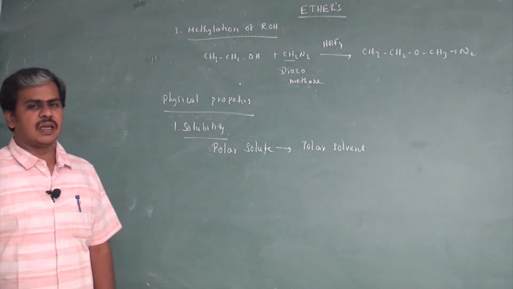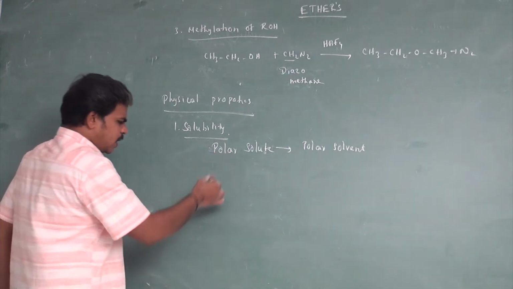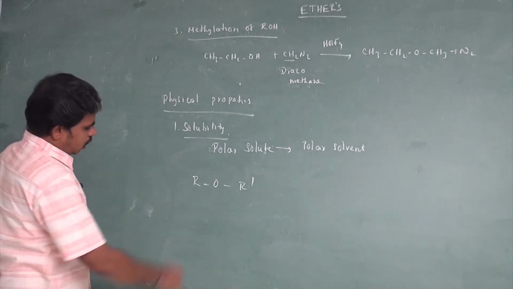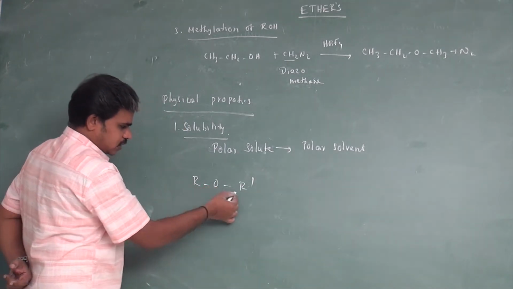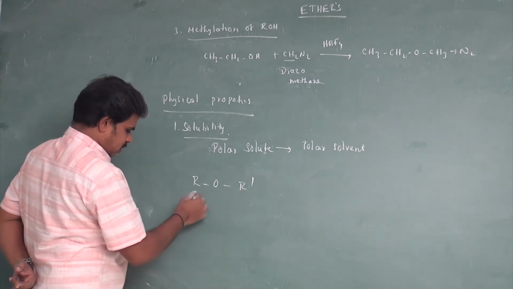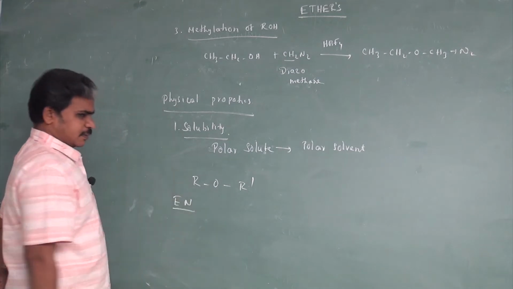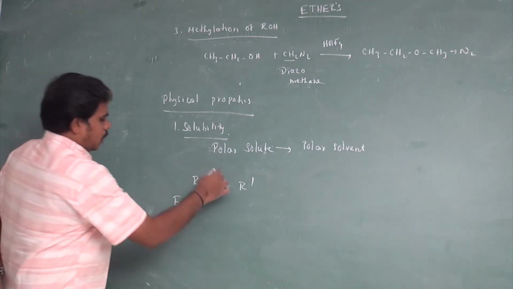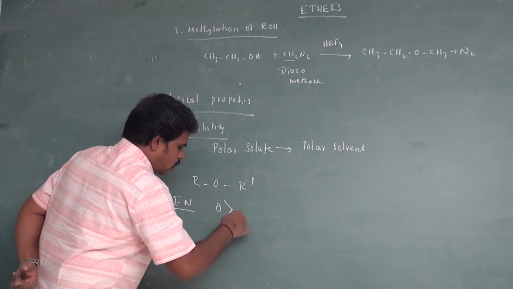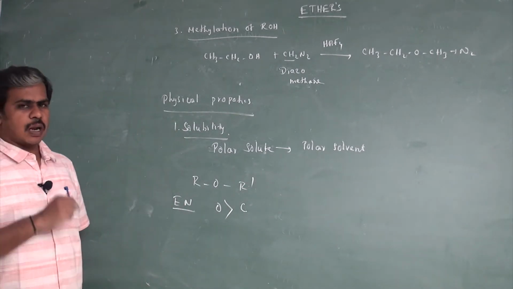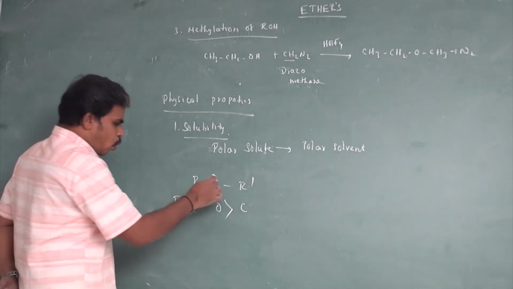So what is the ether? It is R-O-R'. And you know that here carbon and oxygen, and here carbon, oxygen. So you know the electronegativity concept. Oxygen is more electronegative than carbon. So what will happen?